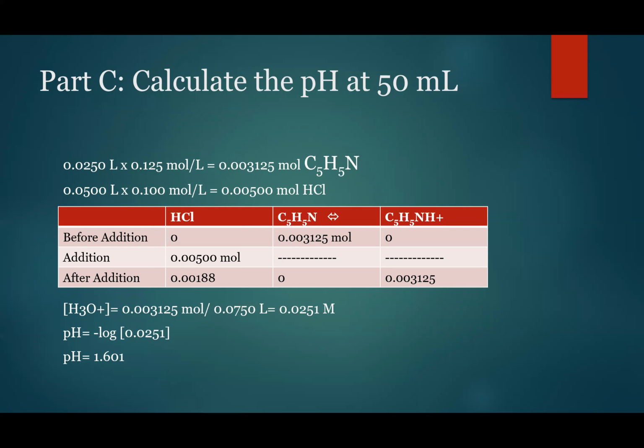And again, that makes sense because we had a strong acid with a weak base. And at this point, we are past the equivalence point. We are now at a place where there's excess hydrochloric acid, and we've completely depleted the amount of pyridine.